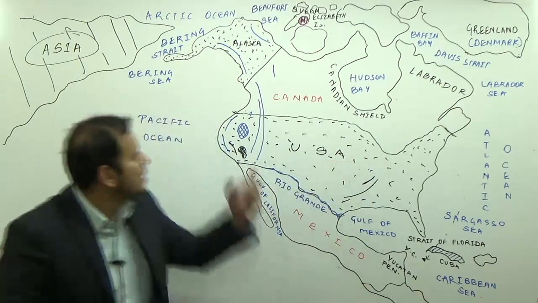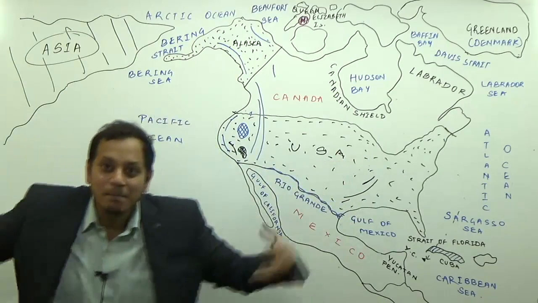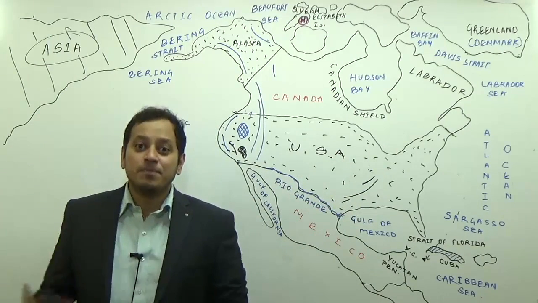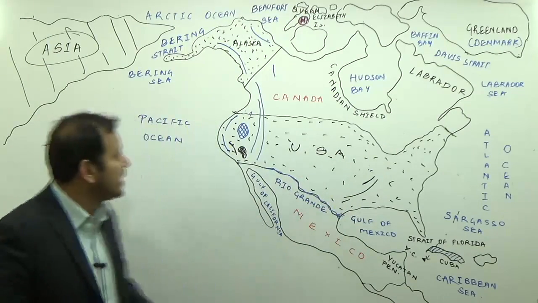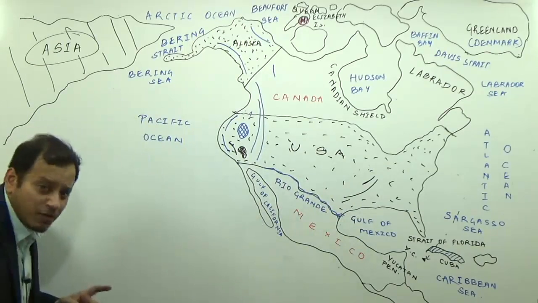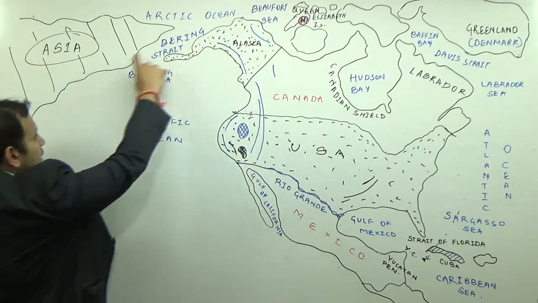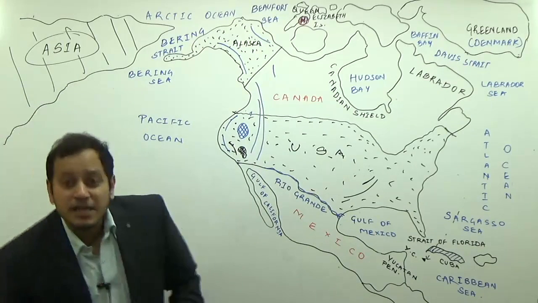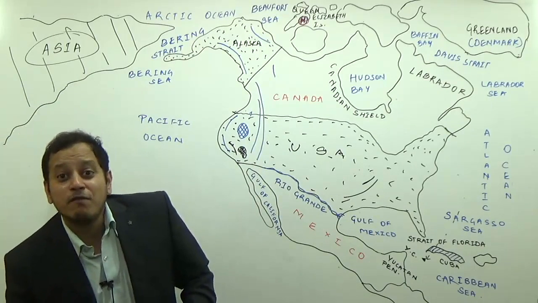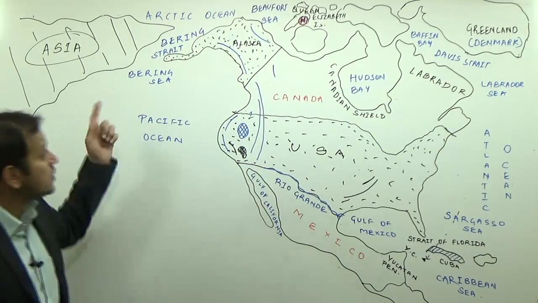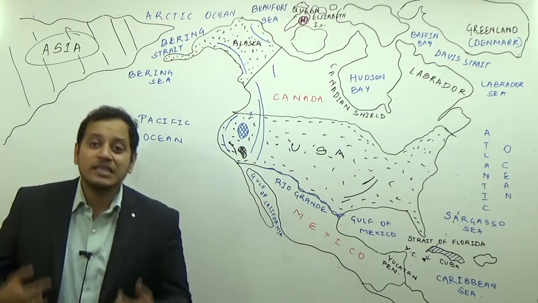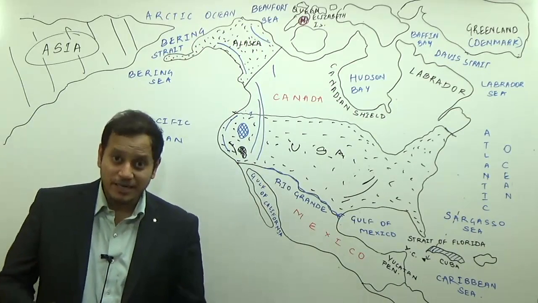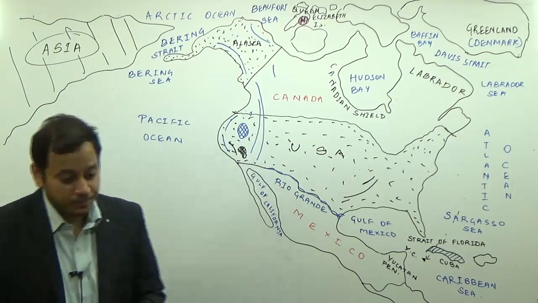So this Bering Strait region is an example of a converging plate boundary. And that is why in geomorphology we learned that this is a volcanically rich region known as the Pacific Ring of Fire. The Pacific Ring of Fire has the maximum number of volcanoes in the world and surrounds the Pacific Ocean. Why? Because it is a converging plate boundary.